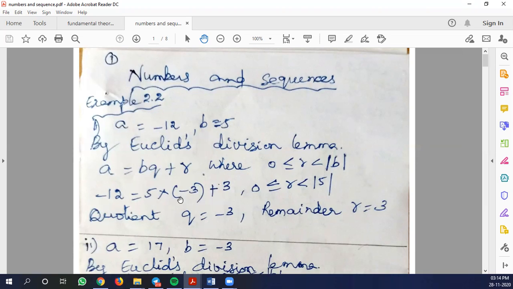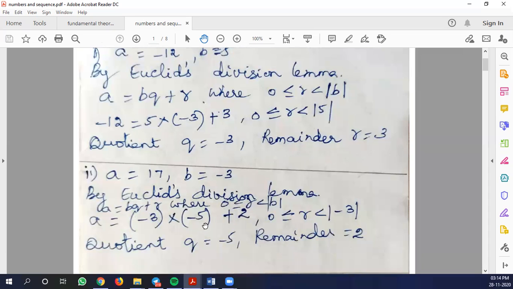So if you put minus 3, what is it? 5 into minus 3 is minus 15, plus 3. So unlike signs, subtract and put the sign before the greater number. So you'll get minus 12. So what is the value of q here? Minus 3. And what is the remainder? Remainder is r. So r is equal to 3 and the quotient q is equal to minus 3.